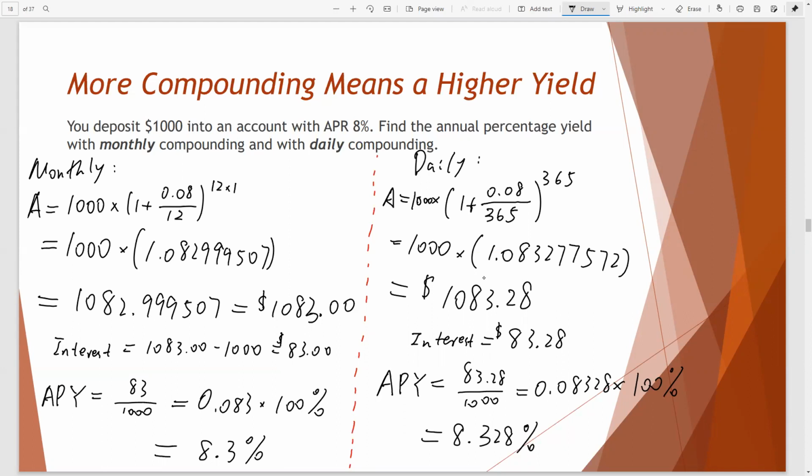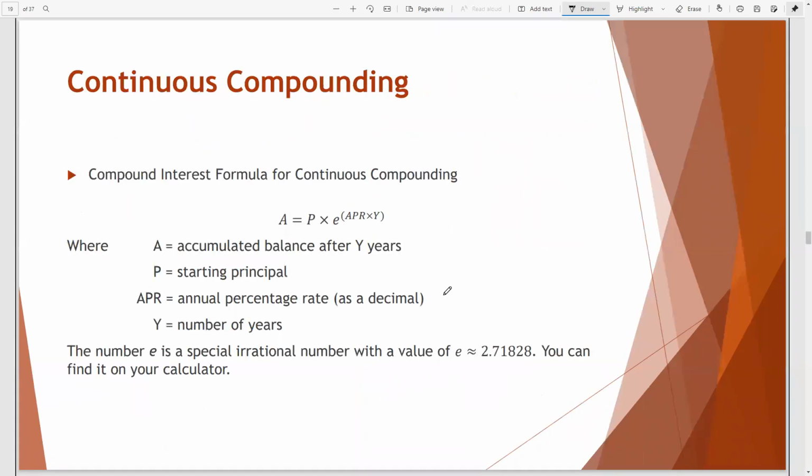That's 8.328%, or if you want to keep fewer digits, 8.33%. It's a little bit more. So higher compounding means higher yield. But that yield has a limitation. So next.